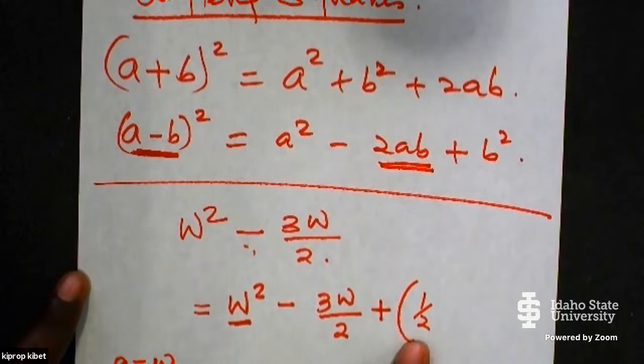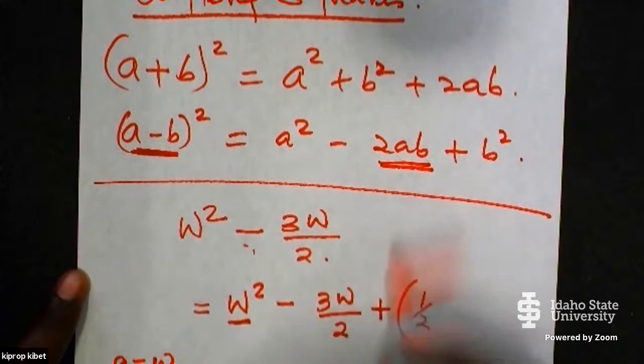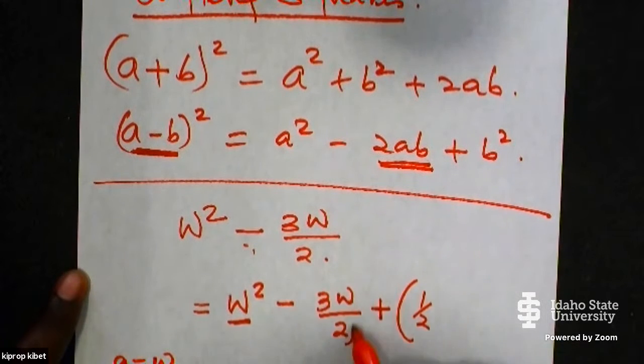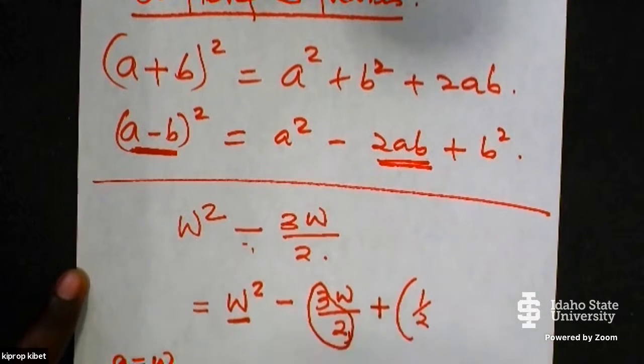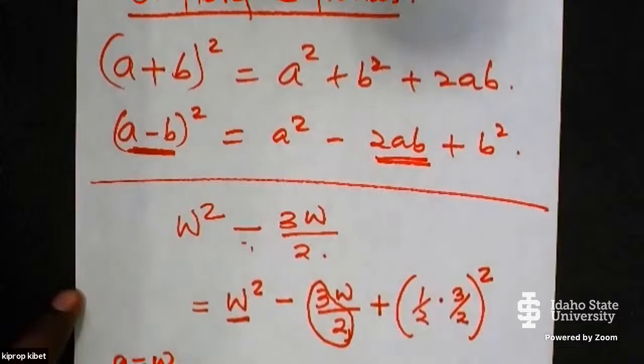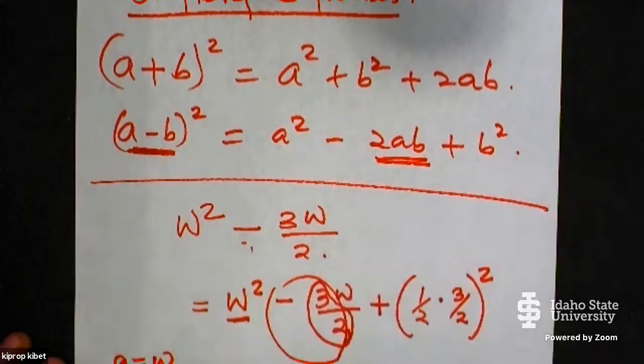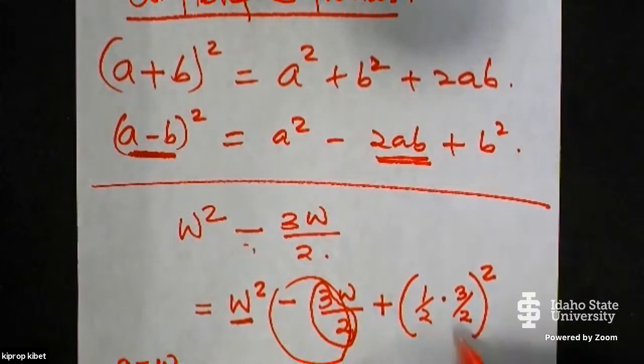So it will be 1 over 2 times the coefficient here. So half of 3 all over 2 there. And then we square. And we must also consider this side over here.